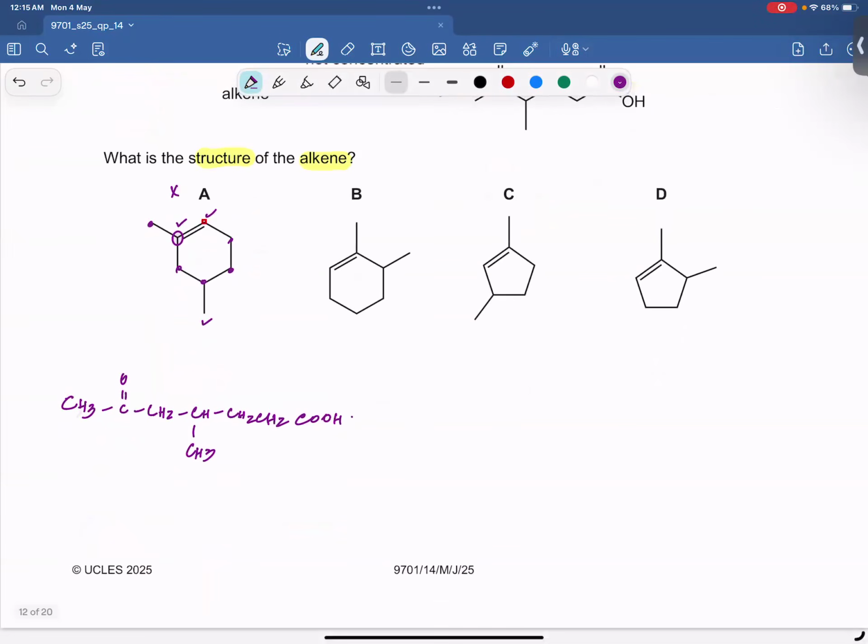Let's talk about option B. This is CH3. This is double bonded C, so it will turn to ketone. Then this CH. This CH is CH3. CH2, CH2, CH2.